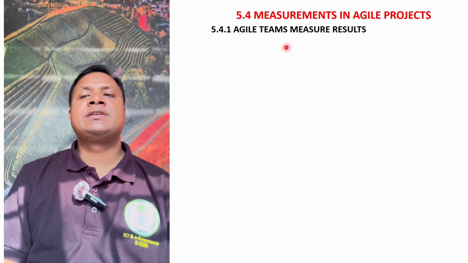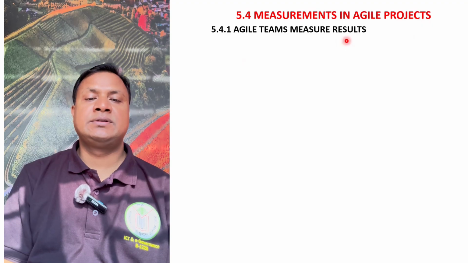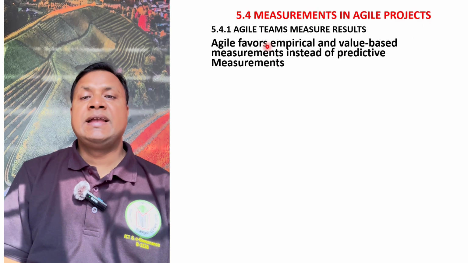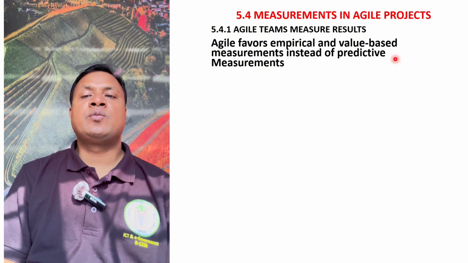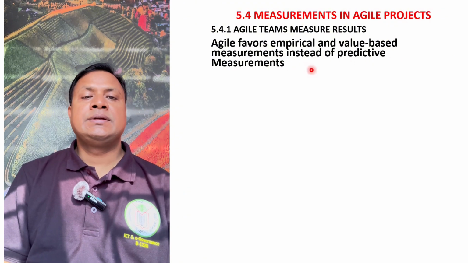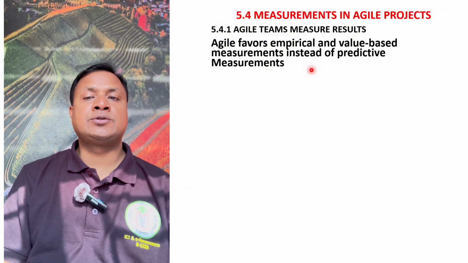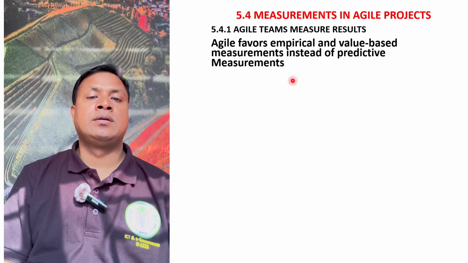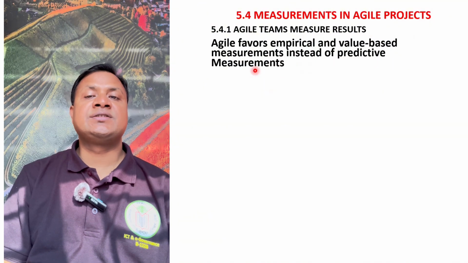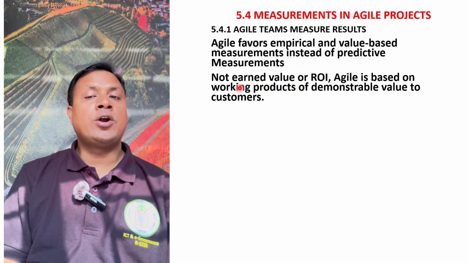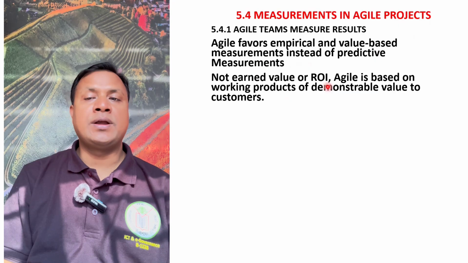So how do agile teams actually measure results? There are many ways. Agile favors empirical and value-based measurement instead of predictive measurement. In the predictive approach, we measure in a predictive manner, with previous data, but in the agile approach, each case is different. So not earned value, not ROI.